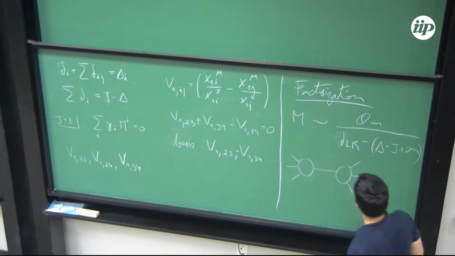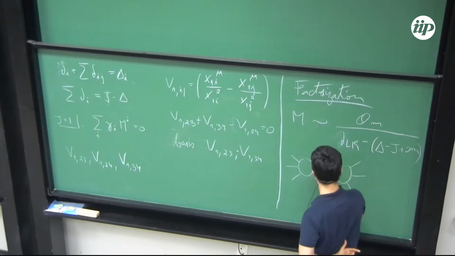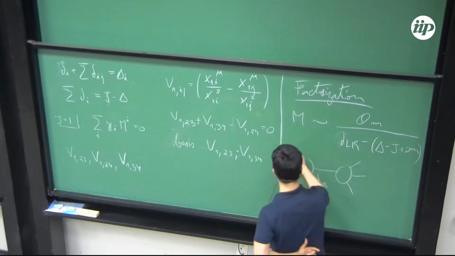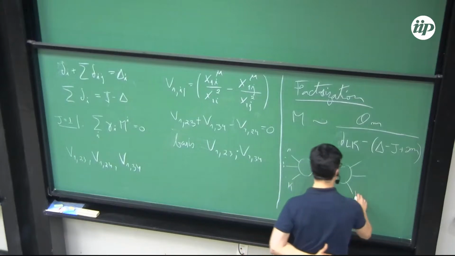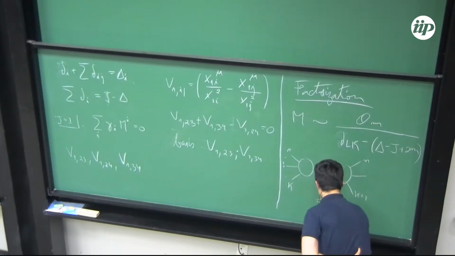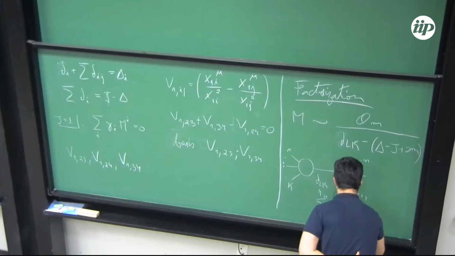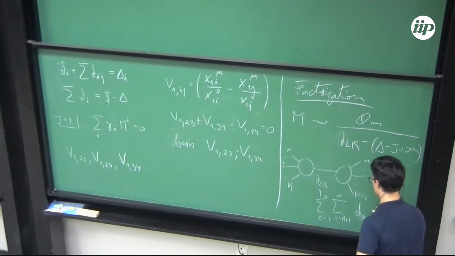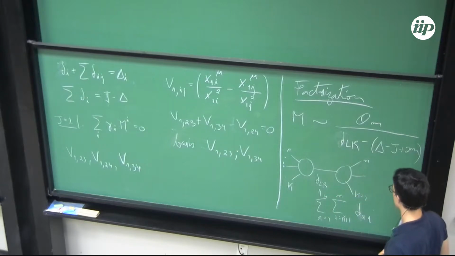And this is saying that there's this delta LR, which is equal to the sum over the legs 1 to k and k plus 1 to n of my delta ai. So this is equal to this delta LR.